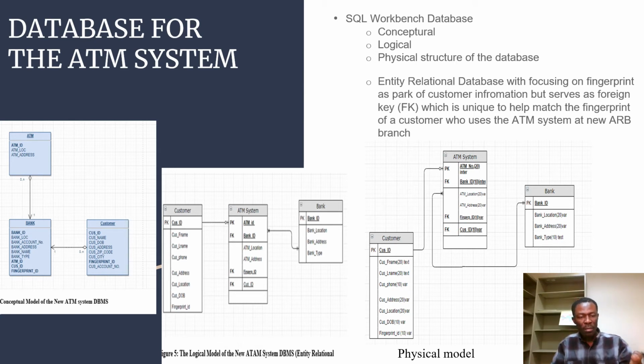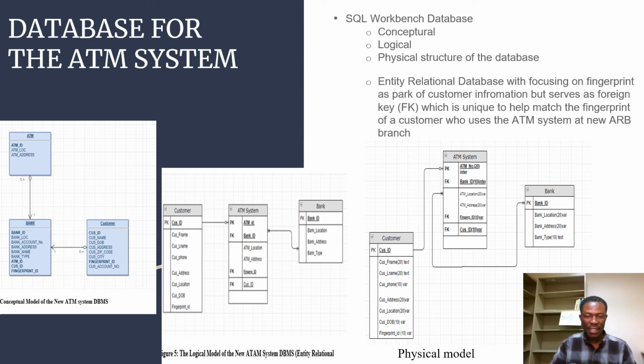So on my left is the conceptual model of the database, where we have customer information, the bank information, and then the ATM information. So the customer information, what I want us to focus on is the fingerprint, which is showing there at the last but one, that is the fingerprint ID.